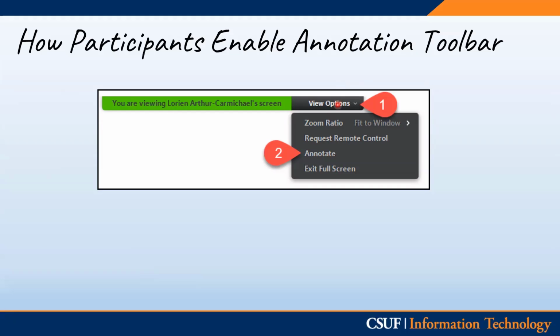For a participant, they have to click View Options and then Annotate. So you want to make sure that your students know where to find that annotate because their annotation toolbar will not show up by default. They have to select it and then it will show. But again, you have to enable annotation in order for them to be able to see that.